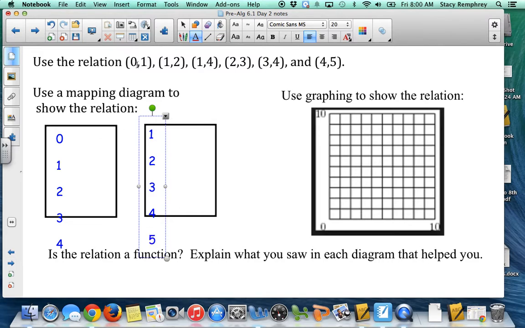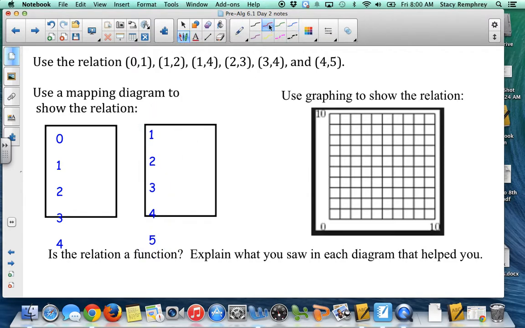Sorry. And again, I'm getting those from the second number here. I'm just making sure they're in numerical order. So now when I map it, it'll go 0 to 1, 1 to 2, 1 to 4, 2 to 3, 3 to 4, and 4 to 5.